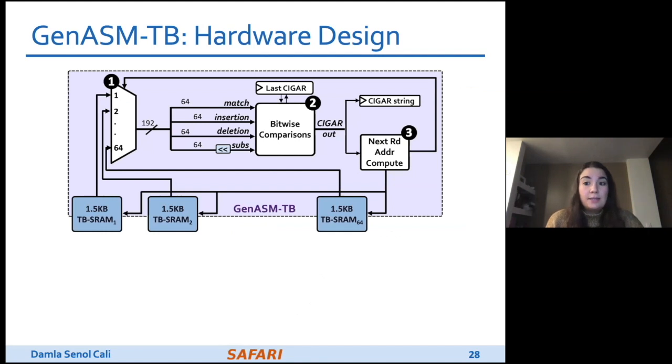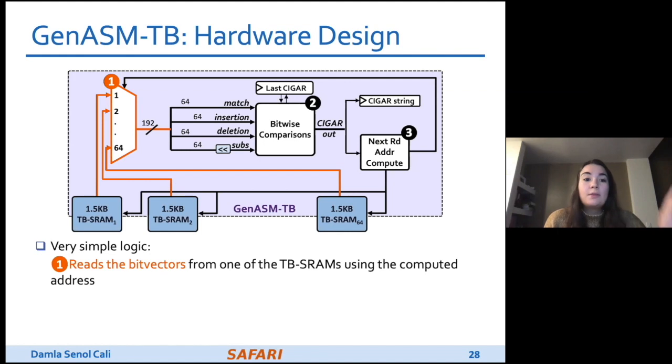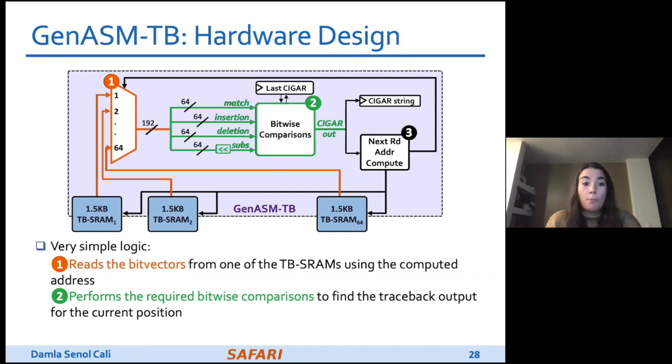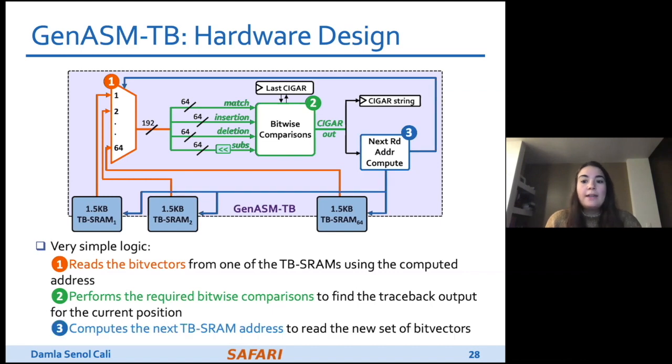And we implement GenASM TB hardware using very simple logic again, which reads the bit vectors from one of the TB SRAMs using the computed address, and then performs the required bitwise comparisons to find the traceback output for the current position, and finally computes the next TB SRAM address to read the new set of bit vectors. And after GenASM TB finds the complete traceback output, which is also called the CIGAR string, it writes the output to main memory and completes its execution.